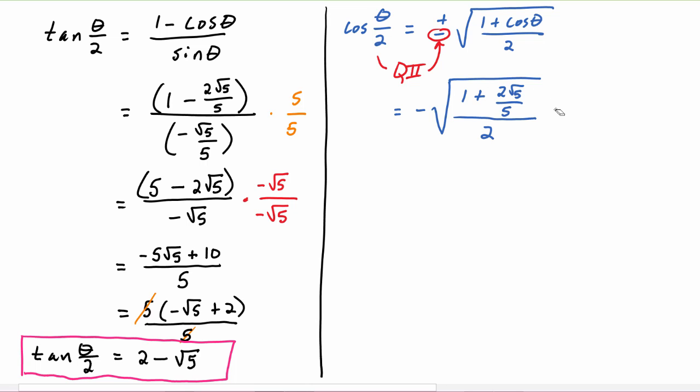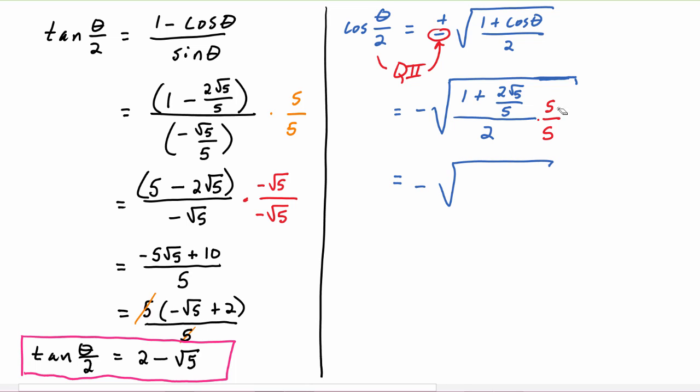We have a complex fraction here. We're going to clear that out by multiplying by the LCD over itself, so 5 over 5. And all of this is taking place underneath the radical here. Now this will equal negative radical.